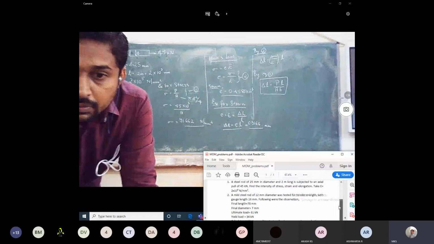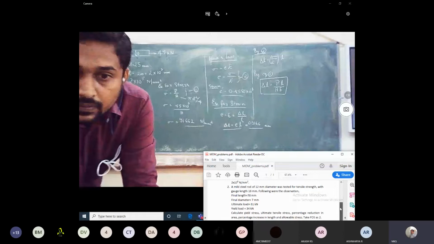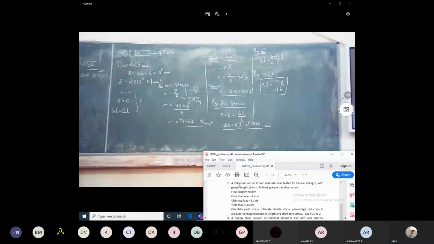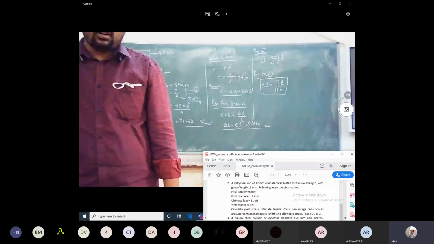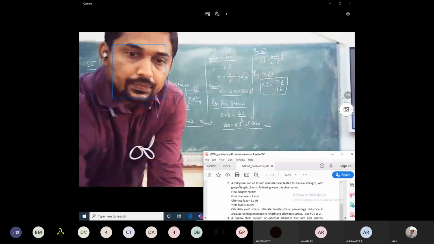So is it visible, right? Second problem. The second problem: a mild steel rod of 12 mm diameter was tested for tensile strength with a gauge length of 16 mm.